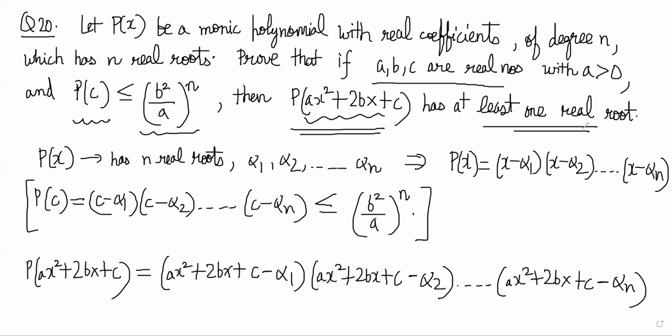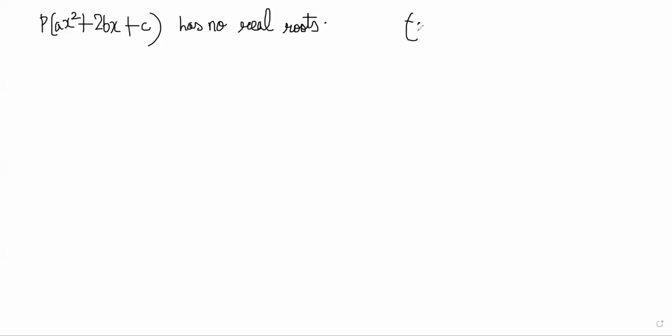So in order to prove that, we can do a contradiction proof where we assume that p of ax square plus 2bx plus c has no real roots. This is our assumption, which should lead to a contradiction.